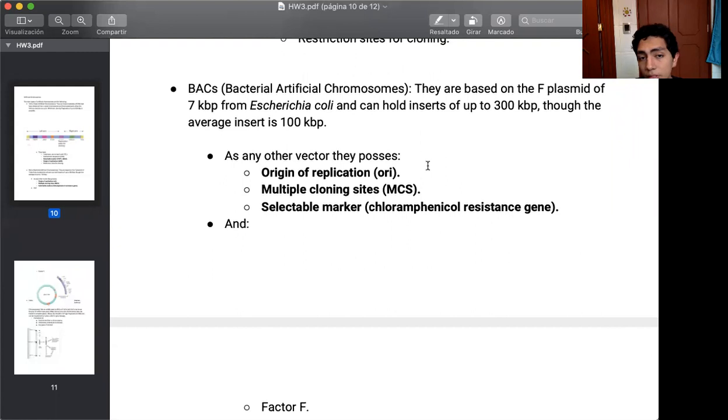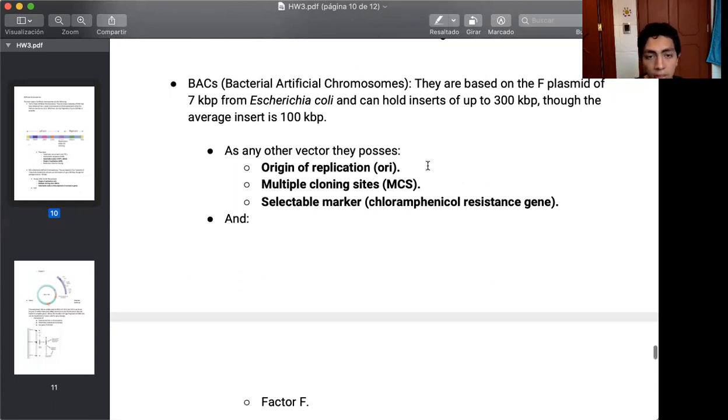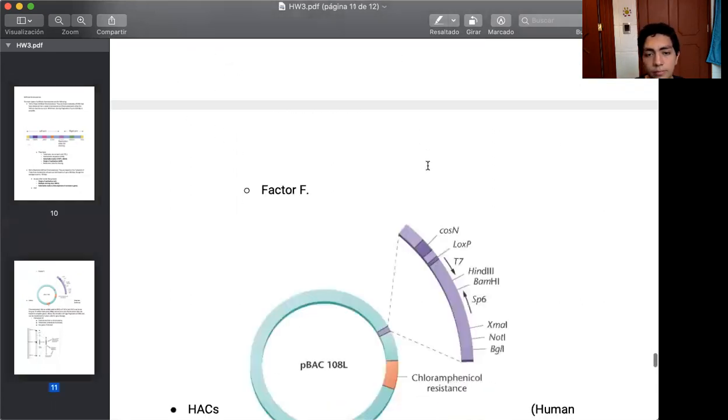As any other vector, it has the ORI, origin of replication, multiple cloning sites, and selectable markers. That's like, as we saw in class, the biobricks of any vector, but they also have the factor F.